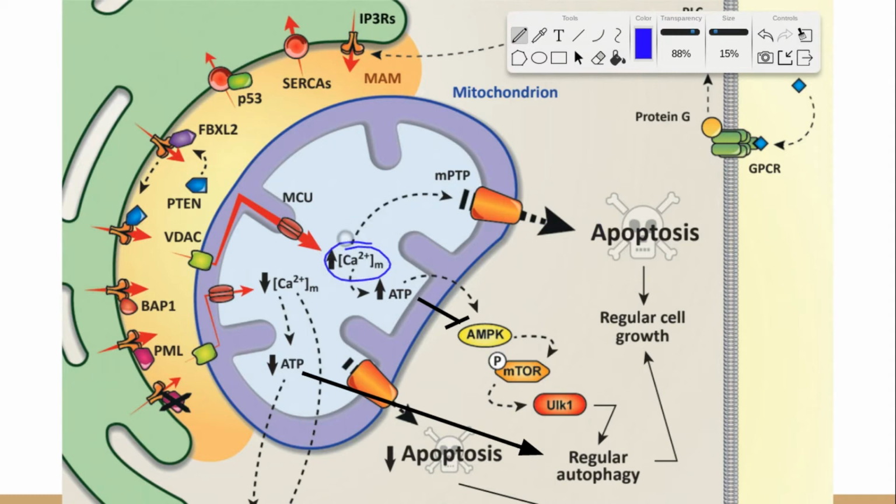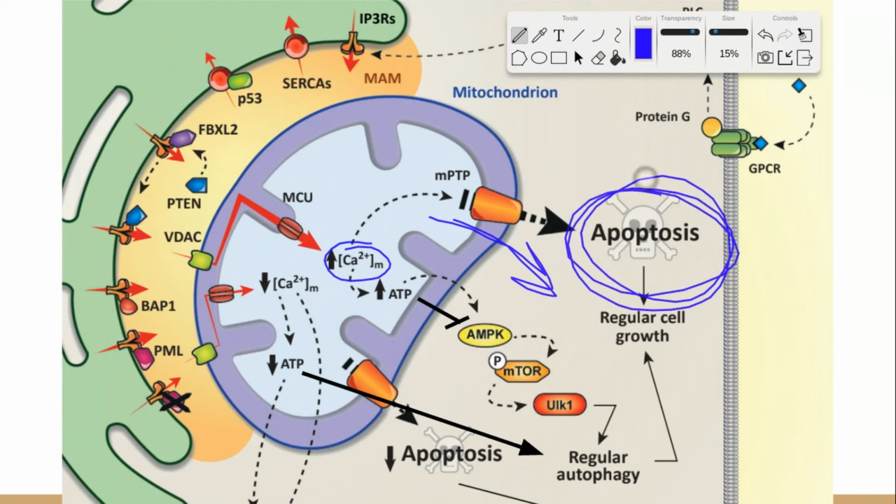But whatever is mediating this, the MPTP appears to be dependent on calcium flux, and when it opens, it leads to the efflux of protons, so the loss of a proton gradient, and also the release of cytochrome C. Cytochrome C is basically synonymous with apoptosis when it's released into the cytosol.